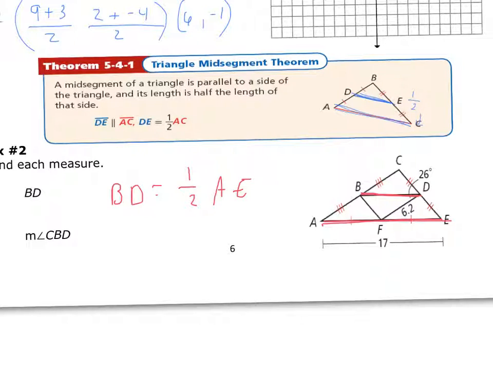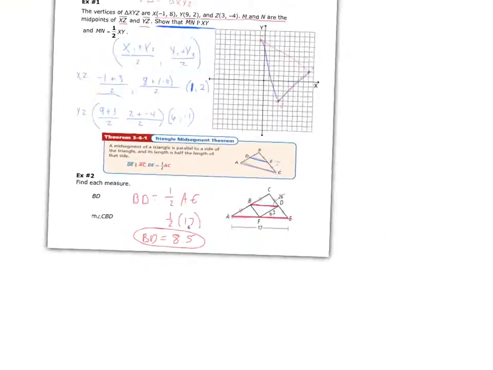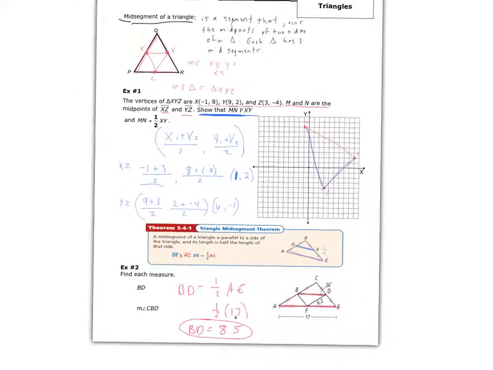And we know that AE is 17, so we can plug in 1/2 times 17, and that would give us BD equaling 8.5. Or you could have just taken 17 divided by 2, and that would have given us our solution. Make sure you have all these notes here, and be ready for a few more examples on the next page.